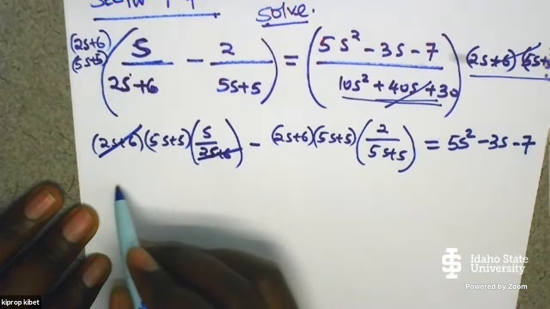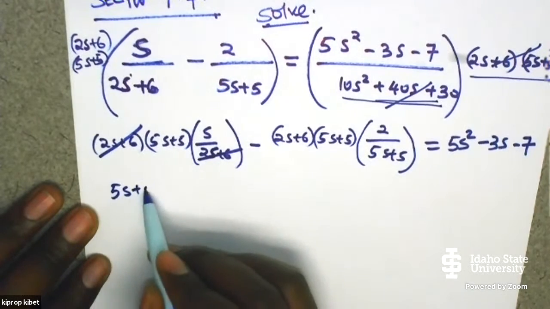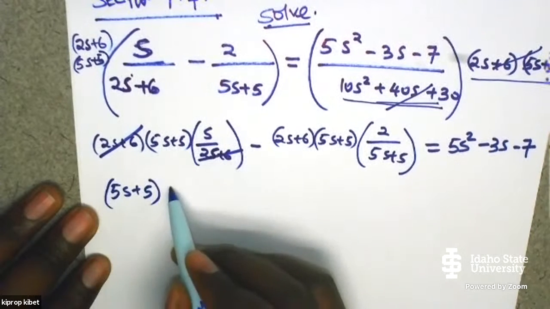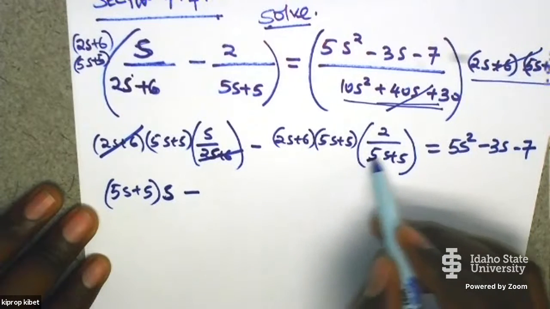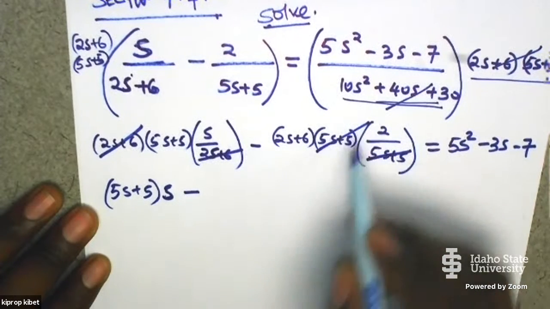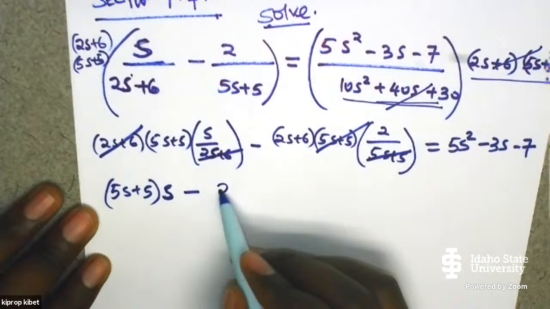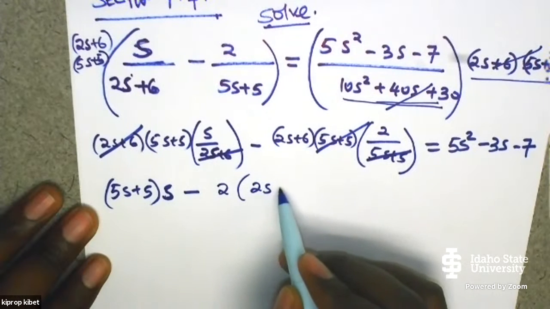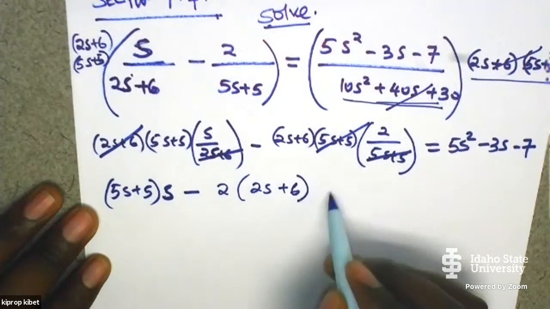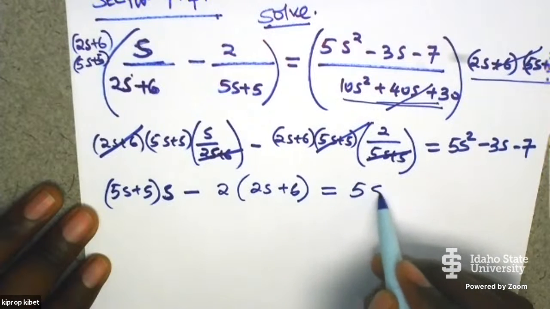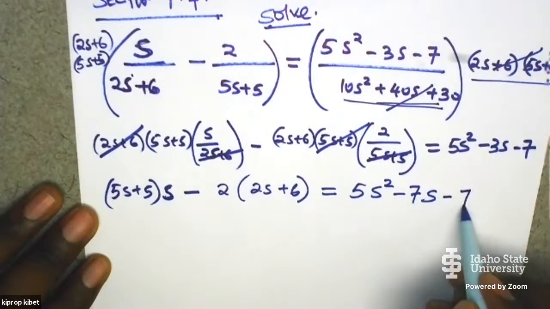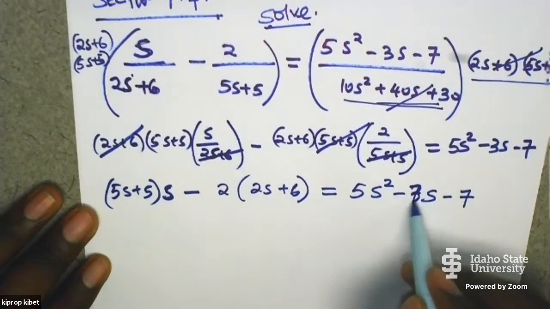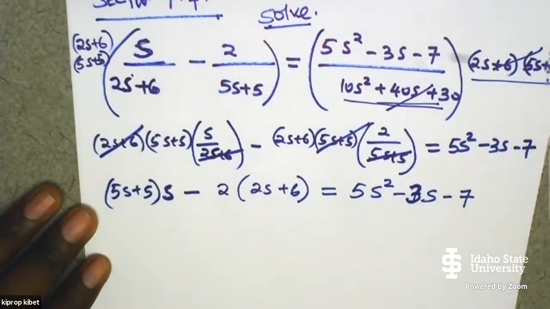So you remain with 5s plus 5 multiplied by s, and then minus 2, and the 5s plus 5 will cancel. So 2s plus 6 is equal to 5s square minus 3s minus 7.